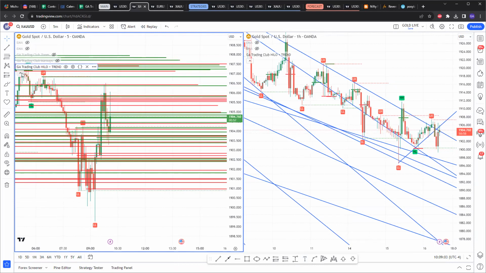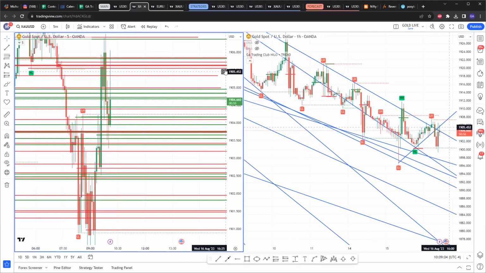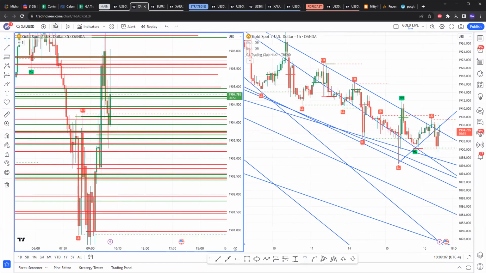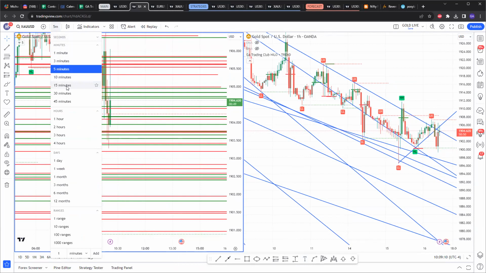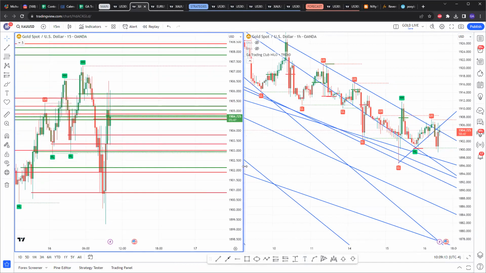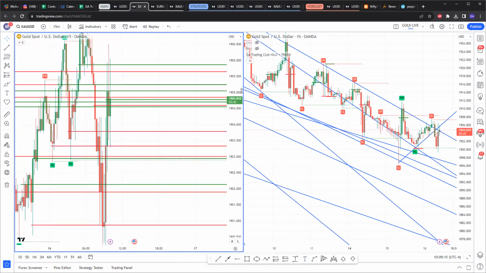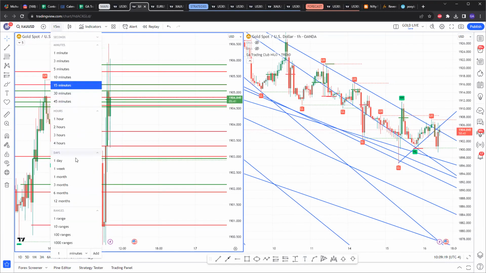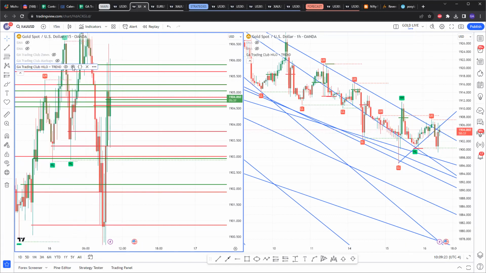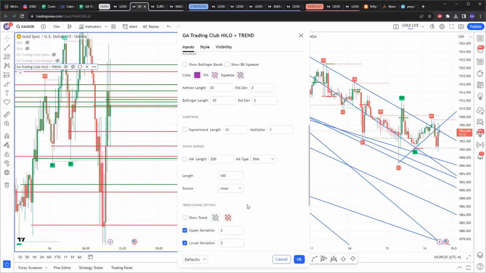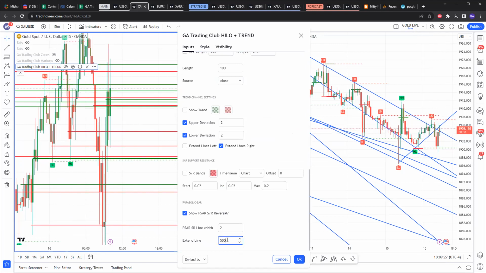Even if I turn off the markups, this is why I don't like extending on lower timeframes. So maybe on the 15-minute might be a little cleaner. Yeah, but you can't really see anything. So even on the 15-minute for gold, I do not see anything much. Let me put this back to where it was.